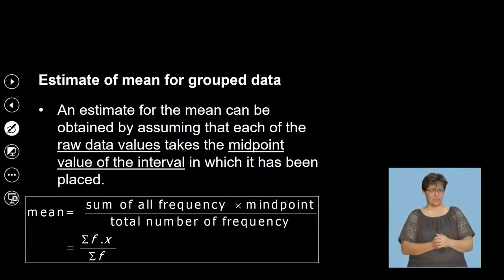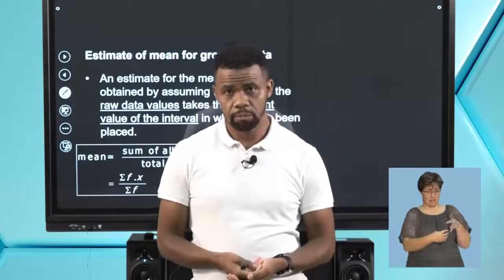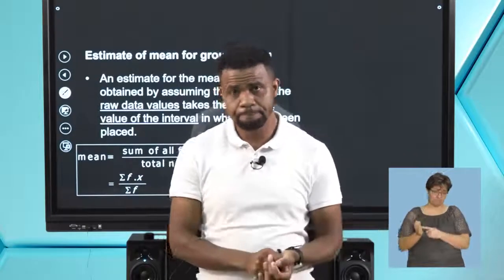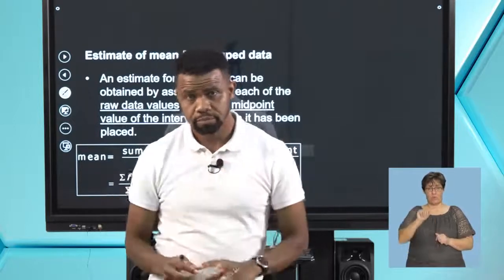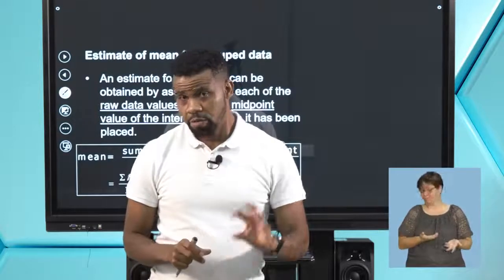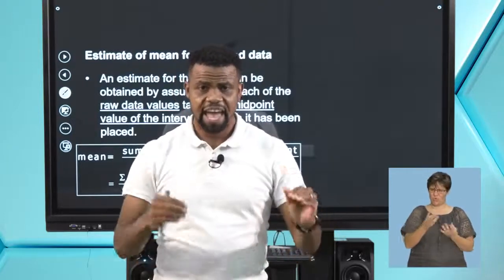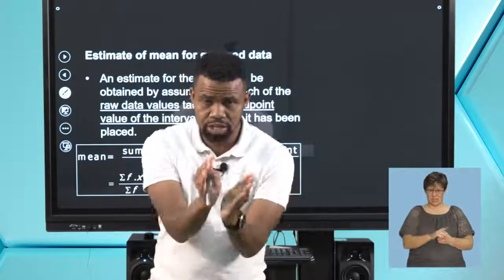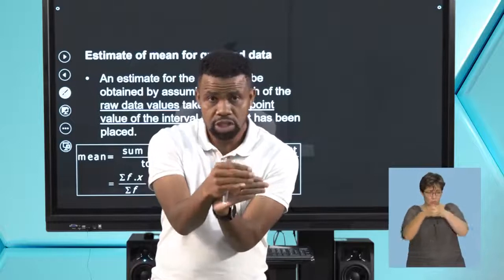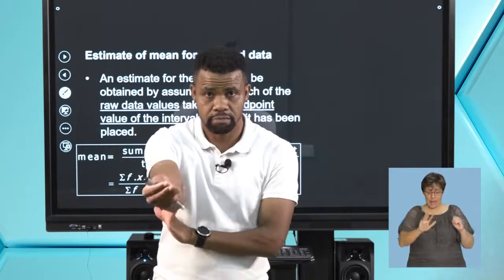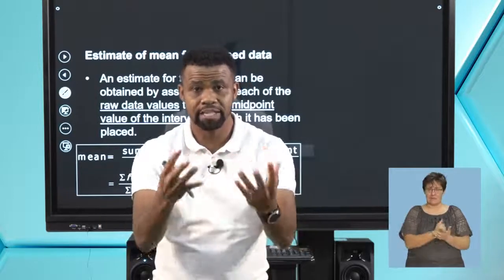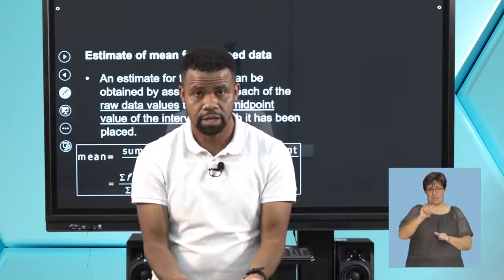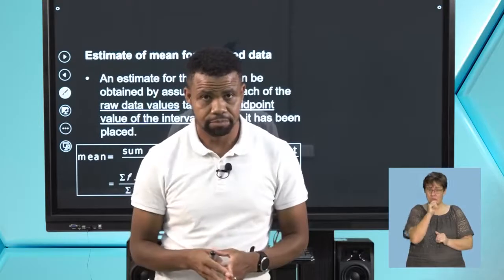Because if you look at the table, which was published by the government, I think, we don't have the raw data. What do we mean by raw data? The actual ages. We just have the groups, for example between 0 and 9 is only 3. So we'll have to calculate an estimated mean. Are we together?